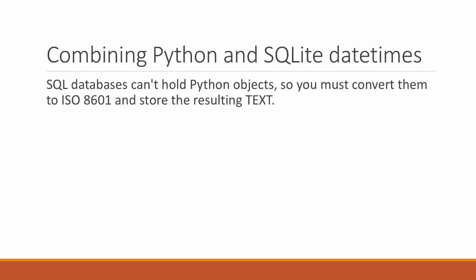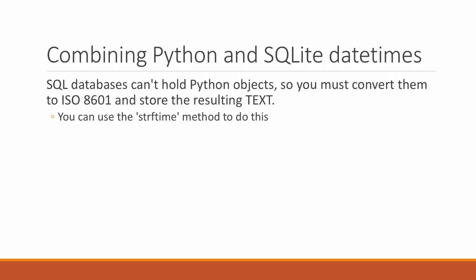The whole reason why we're using ISO 8601 is because SQLite doesn't store Python objects. It doesn't store Python's datetime objects. It would be great if we could make it do that, but in reality, SQLite is made to interface with a lot of different things. It'd be really annoying for the SQLite creators if they specified, hey, it can hold Python datetime objects. So instead, we convert all these datetime objects to text.